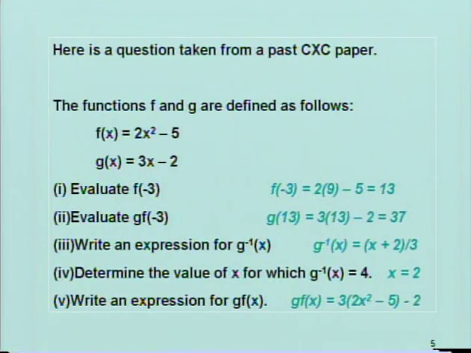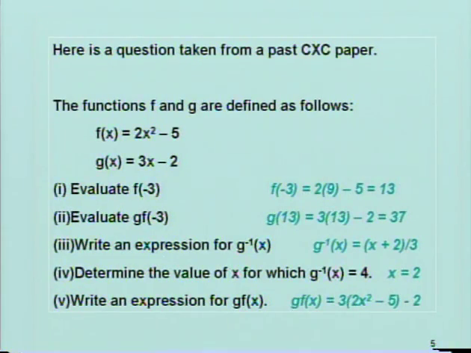The third part of the question asks us to write an expression for the inverse of g. If you look at the g function, as explained in the last lesson, using the function machine, we multiply by 3, then subtract 2. If we reverse that process, we will add 2, then divide by 3.